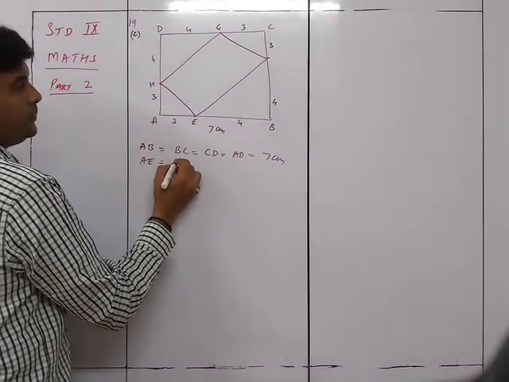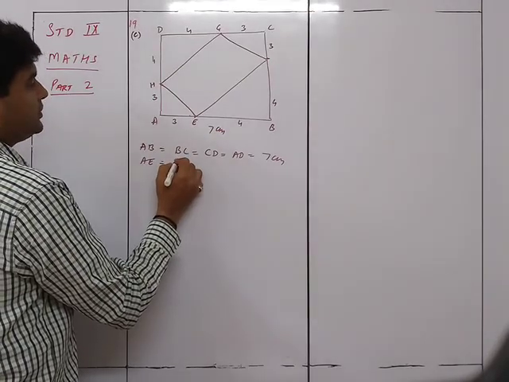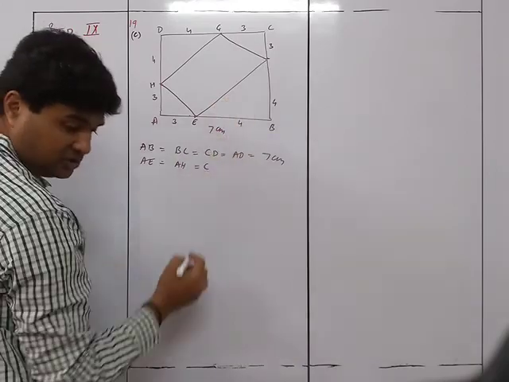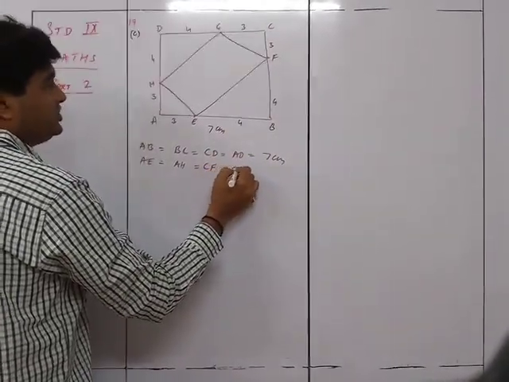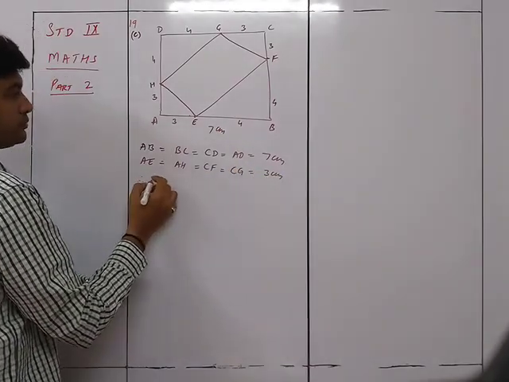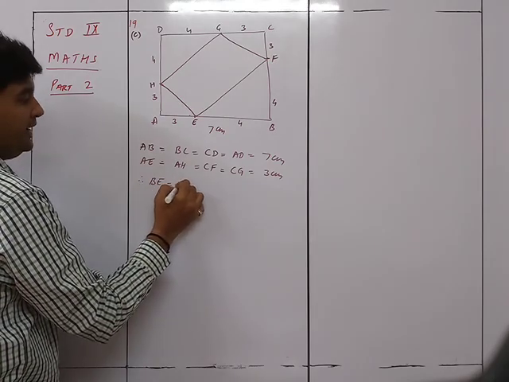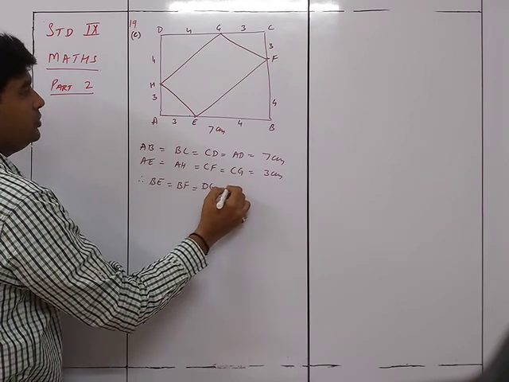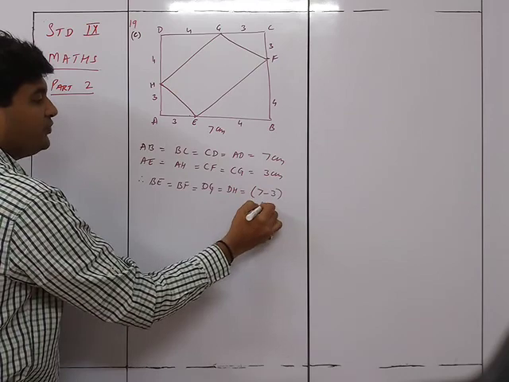AE is equal to AH is equal to FC is equal to CG is equal to 3 centimeters. Therefore, BE is equal to BF is equal to DG is equal to DH is equal to 7 minus 3, which is 4 centimeters.